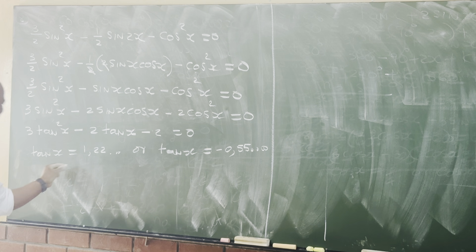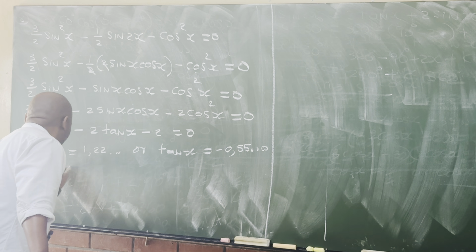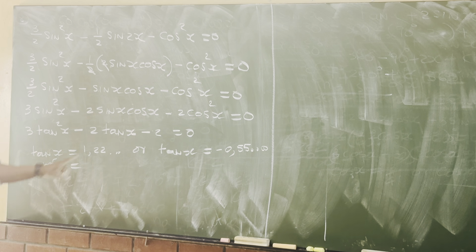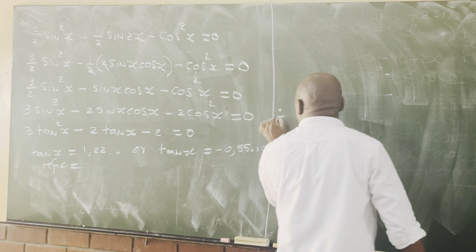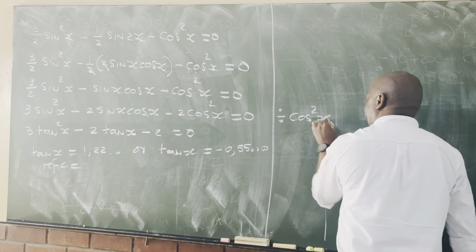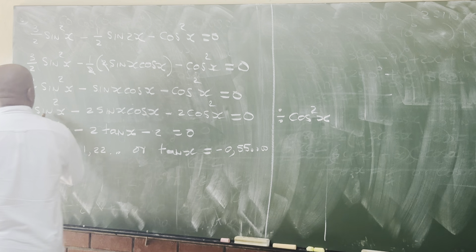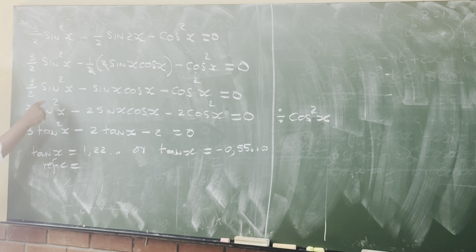Okay, and then what is the reference angle for this? Okay, so this time it's divided by cos squared x. If you divide by cos squared x, you will have 3 sine squared x divided by cos squared x, which will be tan squared x.